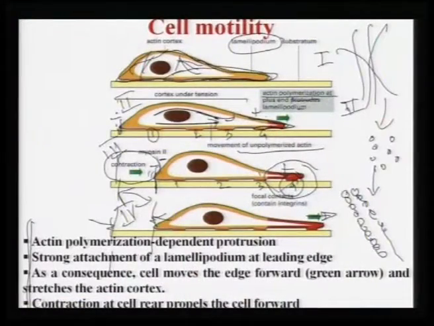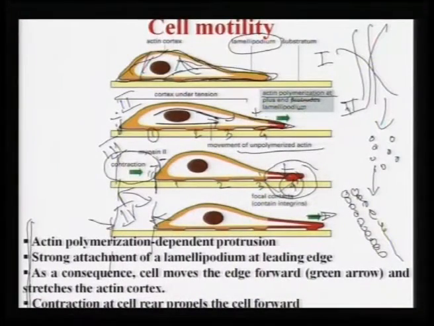How is that possible? That is possible if the focal contacts are dislodged from the substrate, moved away from the substrate, and then move to the next one. This focal contact number 1 was initially in between number 1 and number 2.